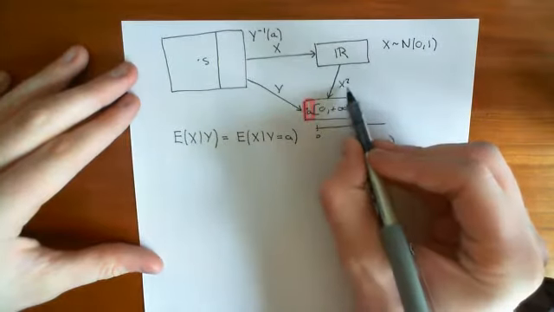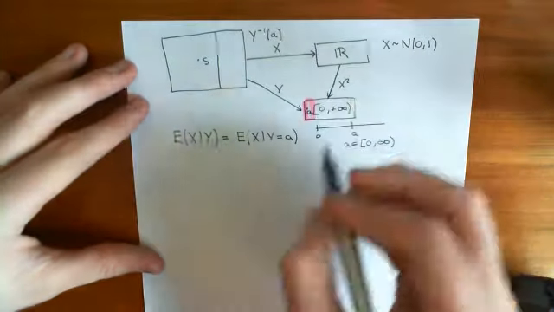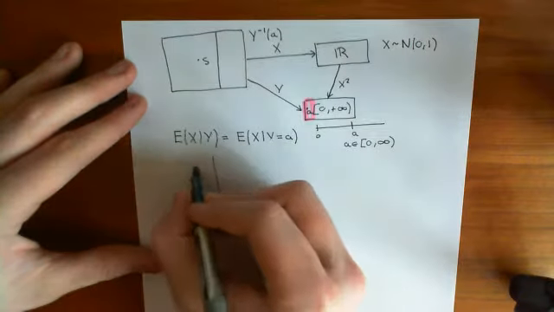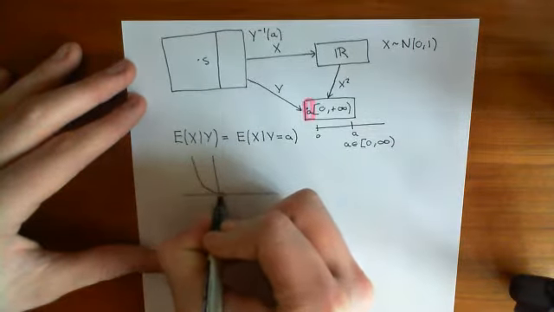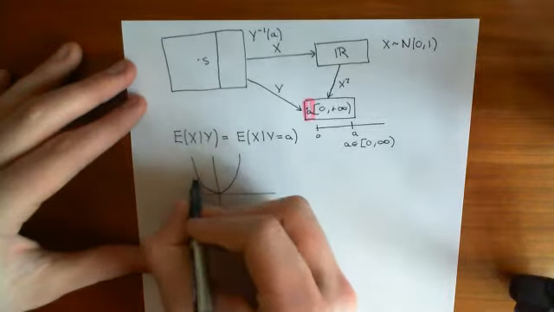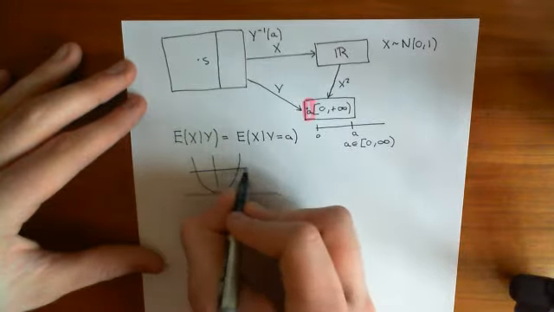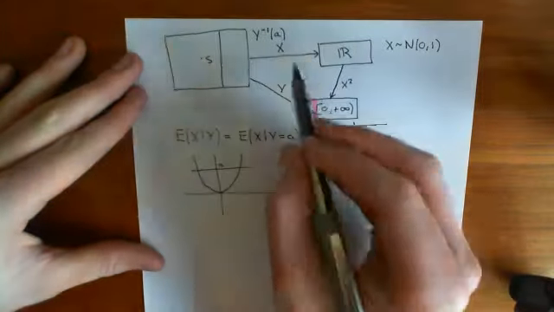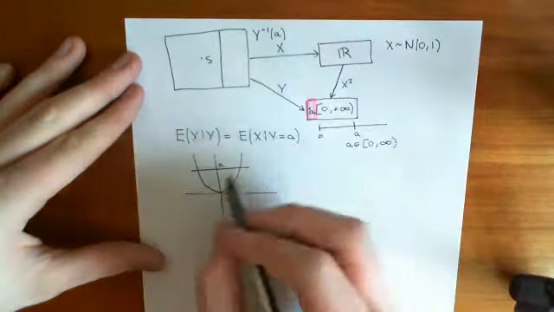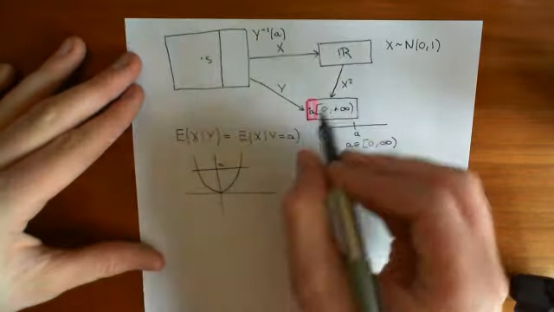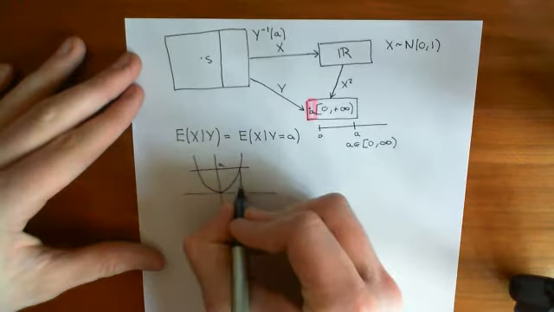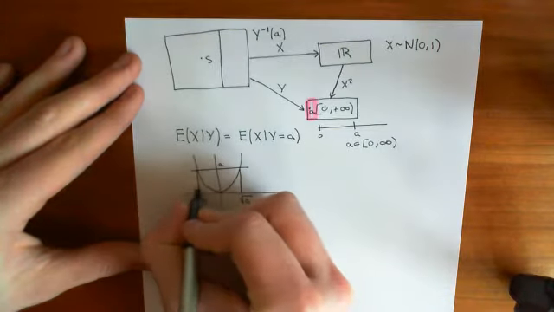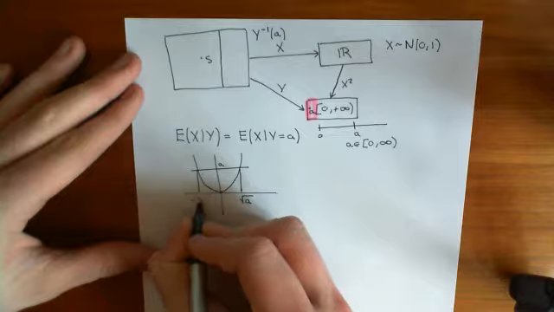Well, y is equal to x squared, so if we just draw out the graph of x squared, then if we look at some non-negative real number a, there are two real numbers that are mapped onto a by this function x squared. There is the square root of a here, and there is the negative of the square root of a over here.